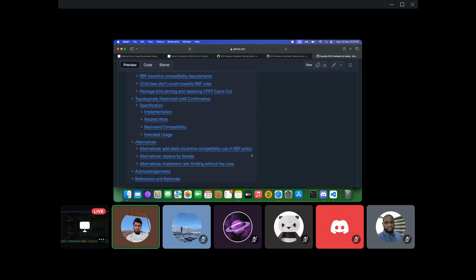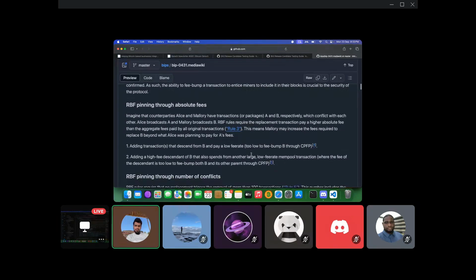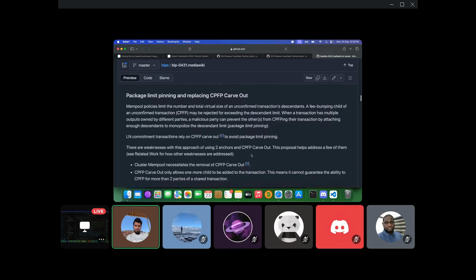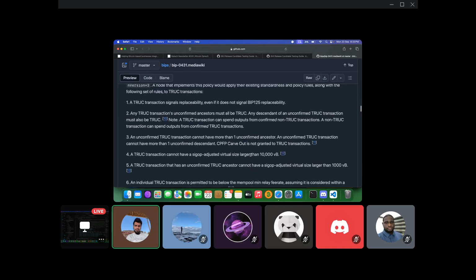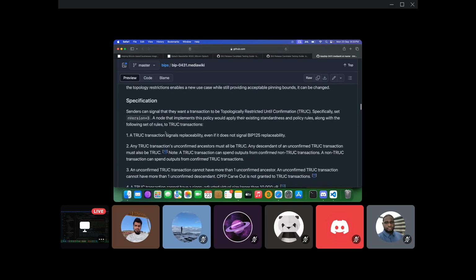Let's read and understand some of the attributes or features of V3 transactions that make them different, which will also help us understand their usability. The version number is 3. Whenever you see a transaction with version number 3, that is a truc transaction or a V3 transaction, which is now a standard transaction.